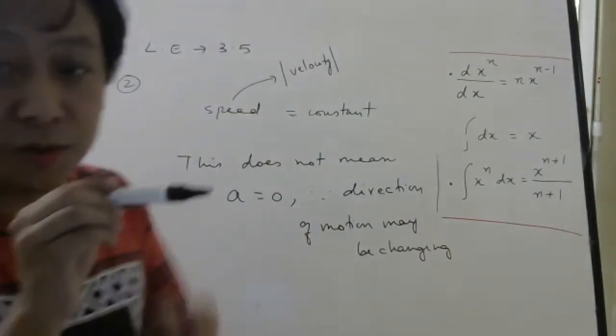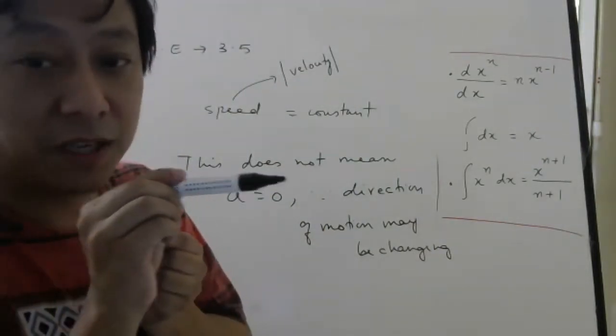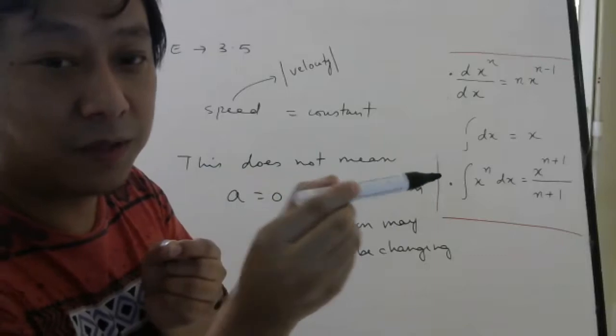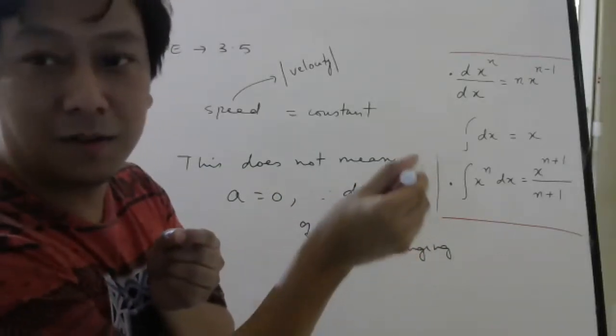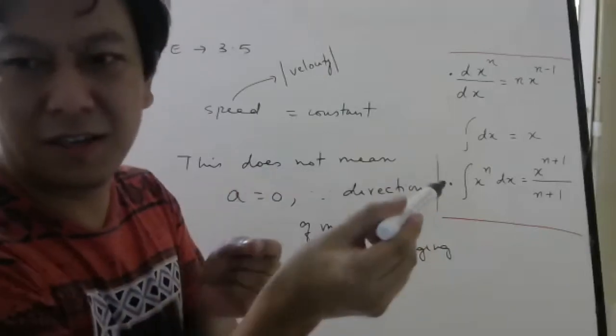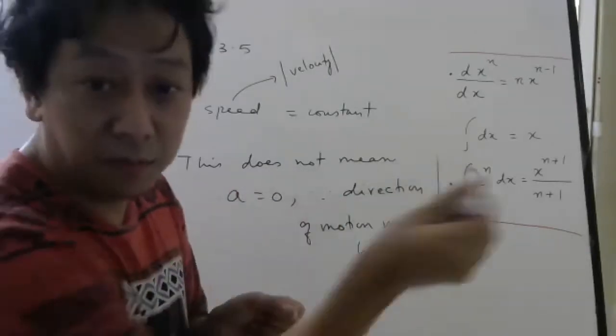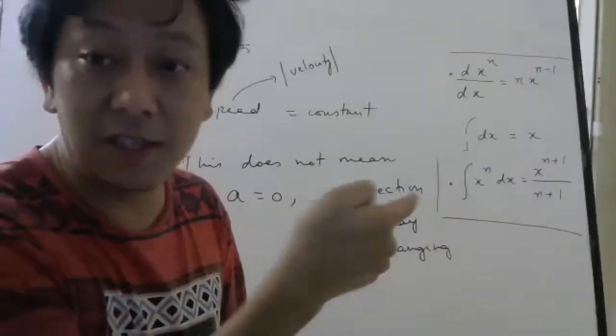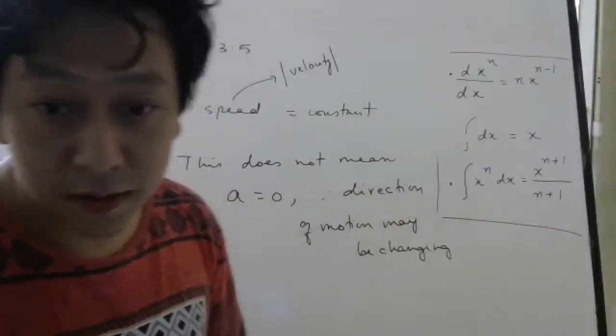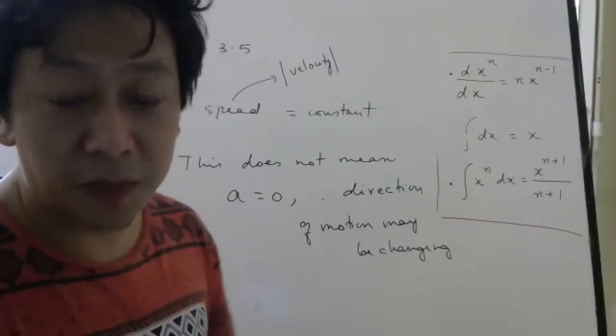Suppose I move like this, 10 meter per second east, 10 meter per second northeast, then 10 meter per second east, or let's say north. If my direction is changing, magnitude is constant but direction is changing, then you cannot be 100% sure.